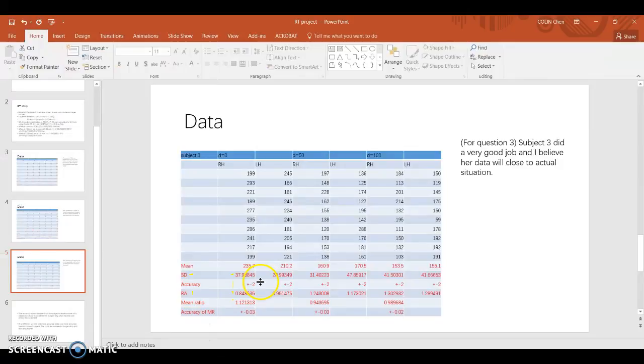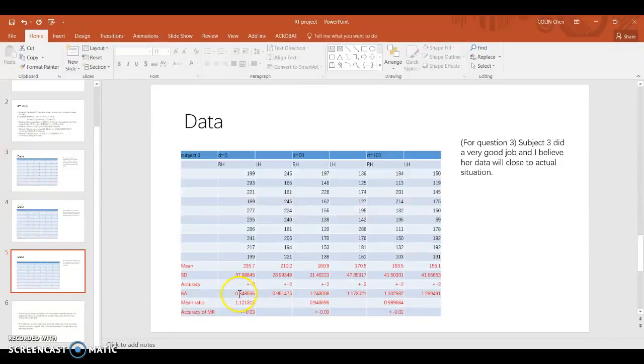The accuracy is smaller than the other two subjects, because I think subject 3 did a very good job, and I believe her data will be close to the actual situation. And I put 2 because his finger is larger than 5 millimeters. That's why I need to put 2 as the accuracy.